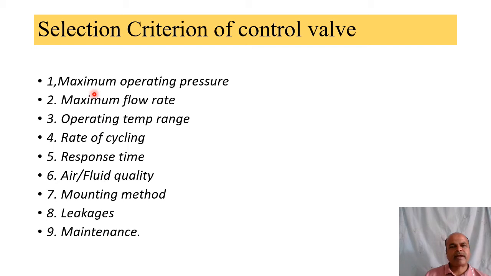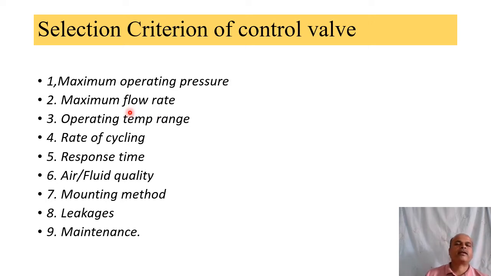So first is the maximum operating pressure of air or fluid. Then maximum flow rate, that is how much air or fluid is passing through that pipe.